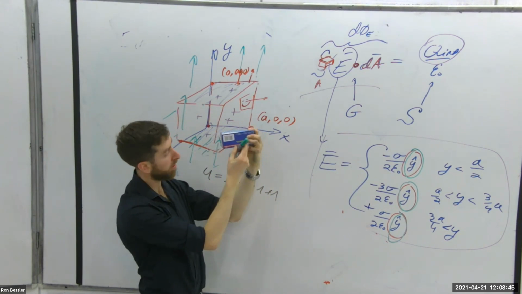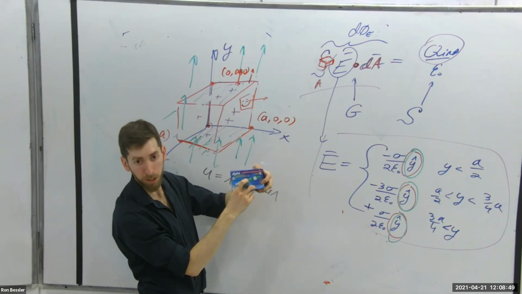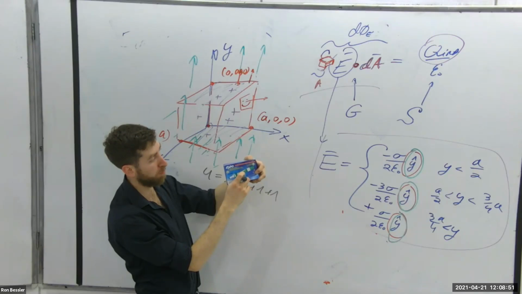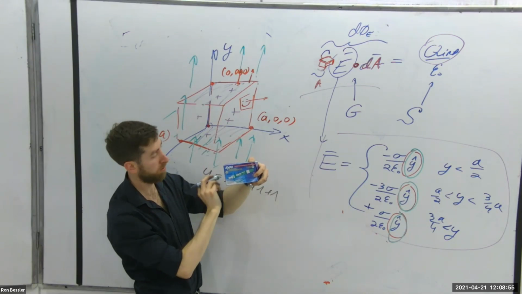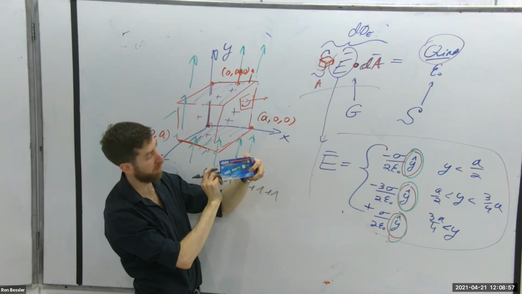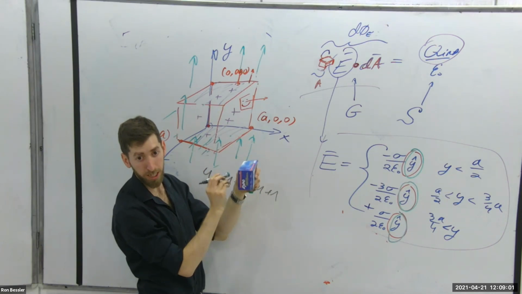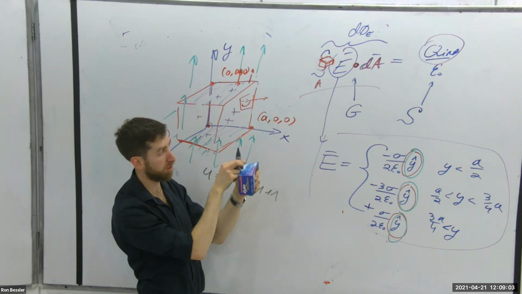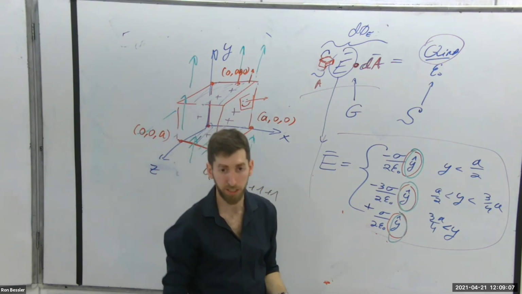dA, smiley, right? Pointing that way. And the electric field pointing that way. This one, dA, electric field, only at Y. This one, dA, electric field, pointing that way. 90 degrees. Cosine of 90 degrees is 0.